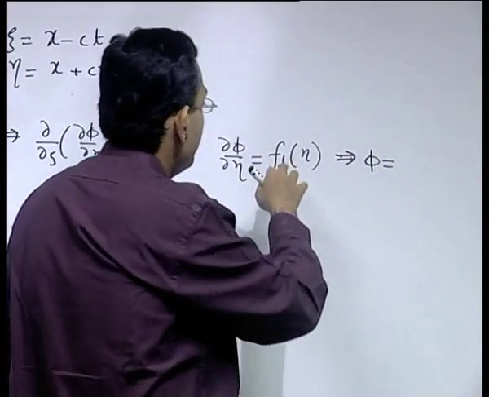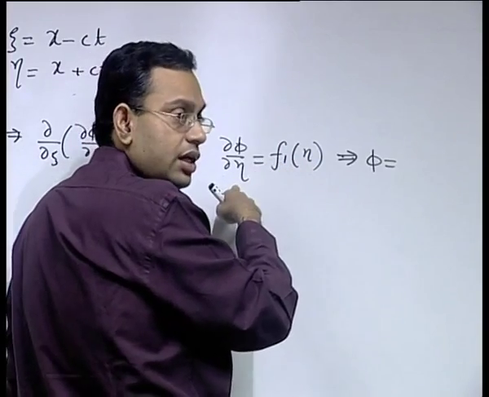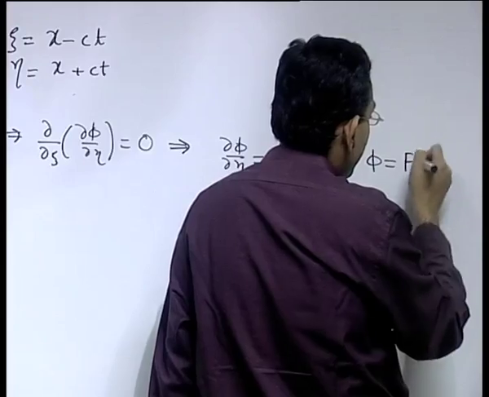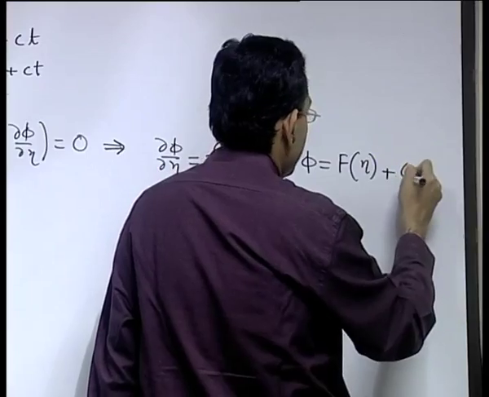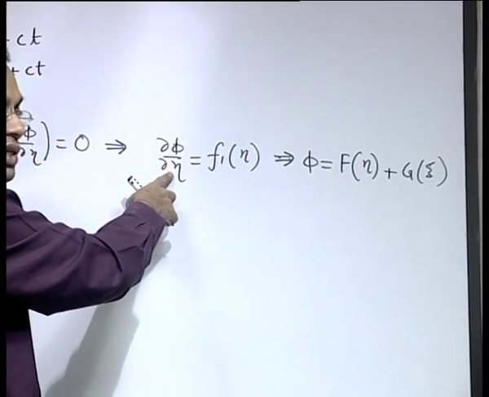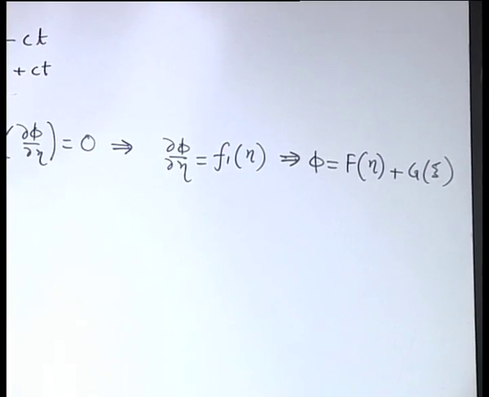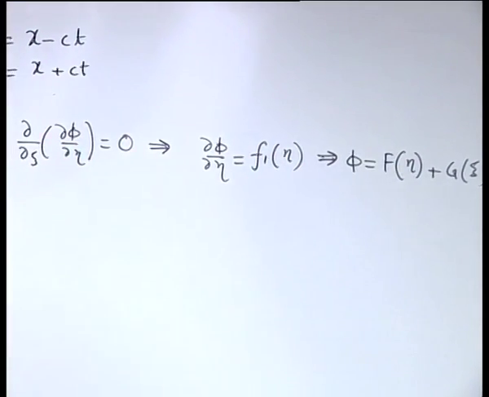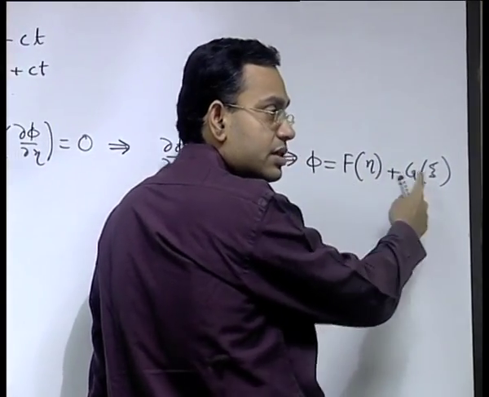It is some new function of eta which can be obtained by integrating f1 eta d eta. So, let us say that is capital F eta plus some function of zeta, which is like a constant when you integrate partially with respect to eta. So, you can see that the general solution for phi can be written solely in terms of the characteristic variables.